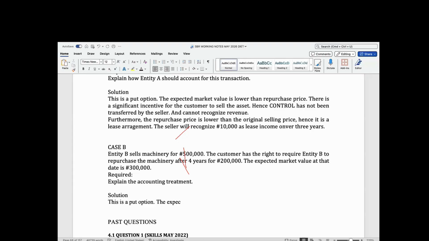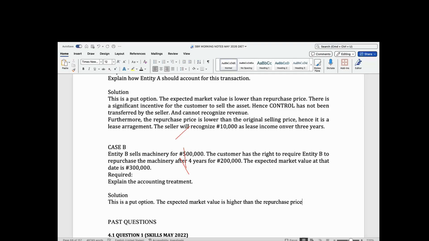And first, we'll compare the expected market value, which is higher here than the repurchase price. Will you want to sell here when you can sell for higher in the market instead of selling to entity B?